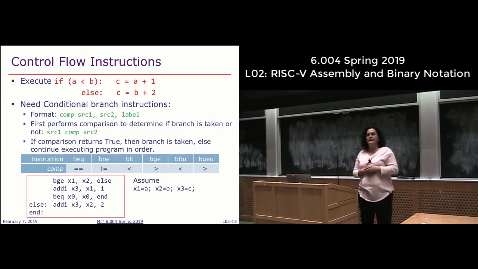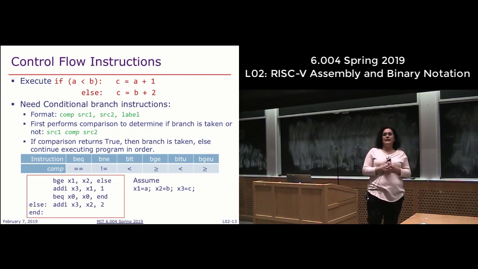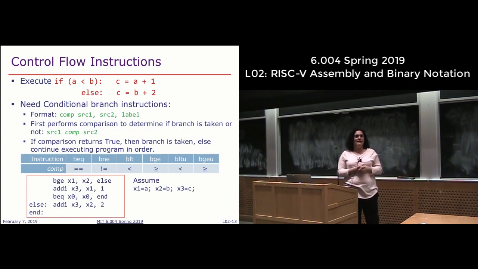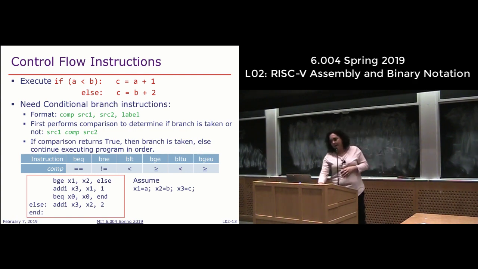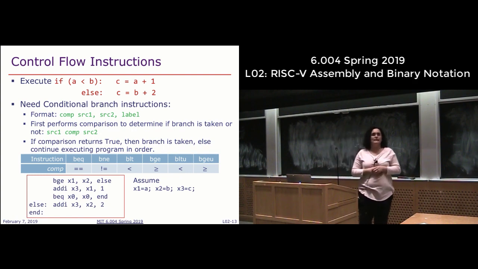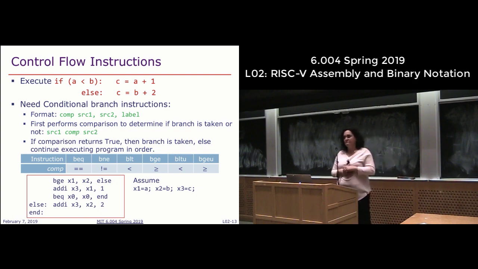If I say, is x0 or any other register for that matter equal to itself, the answer is always true, meaning that I'm basically writing an unconditional branch. And so once I've executed this instruction, I always want to go to end in order to not execute what's at the else label. Okay? Any questions about that? Good.